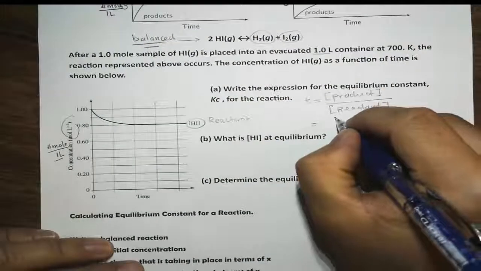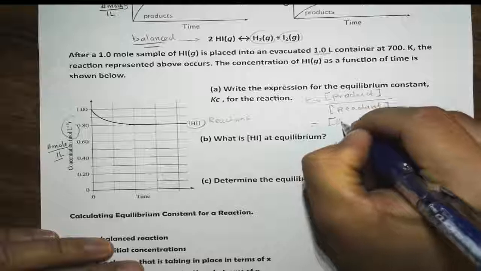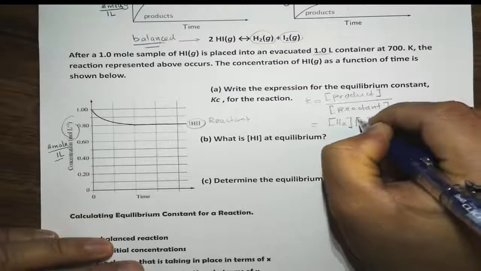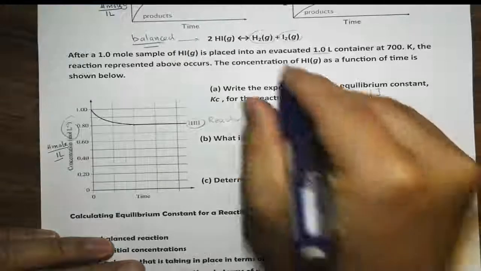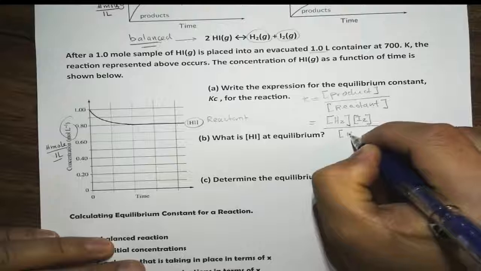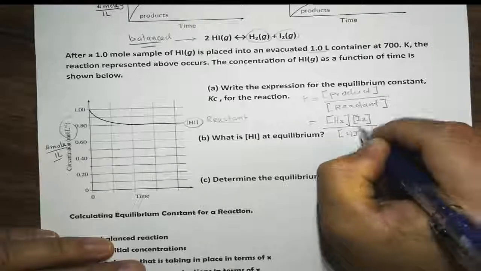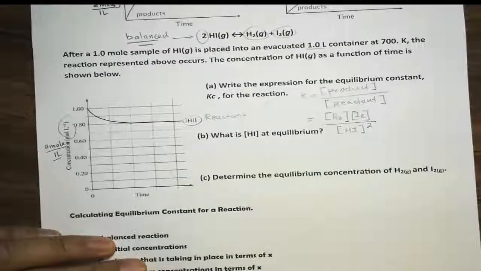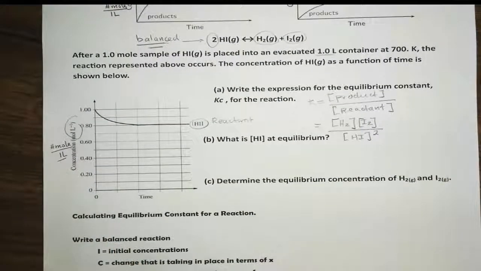Both of these are gas. So we just have H2 in terms of concentration, and then we have I2. That's the product. So what's the reactant? We have HI. But look at the coefficient there. That coefficient becomes the exponent. And that's it. It's not hard for the equilibrium constant.